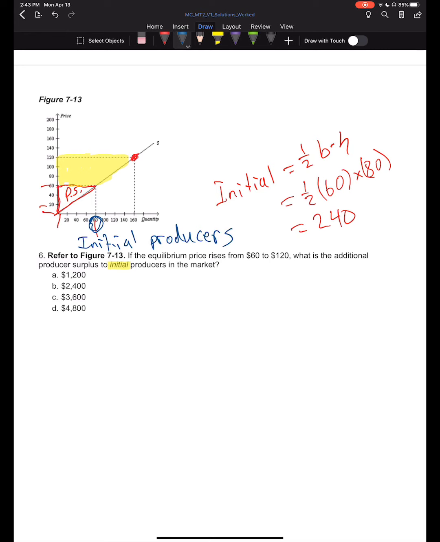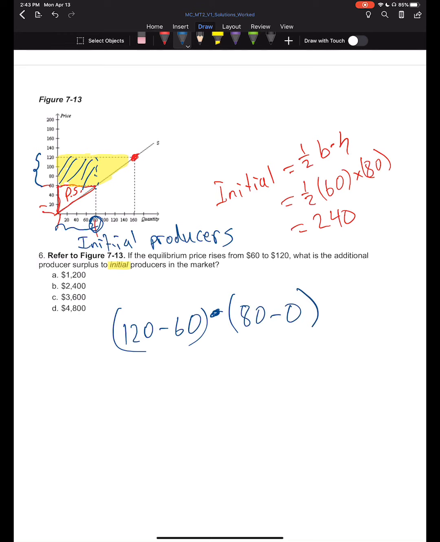So then we need to find the additional surplus that they gain. And they gain just this blue area right here. And the area of that rectangle is just base times height. So it's 120 minus 60 times 80 minus 0, 60 times 80 is equal to 480.